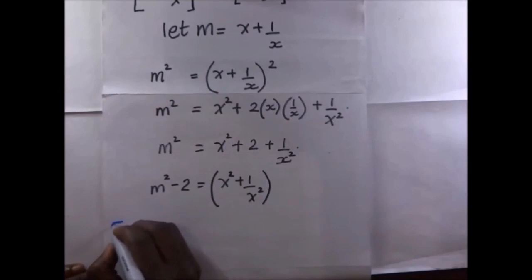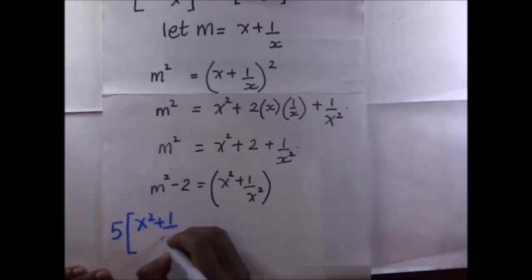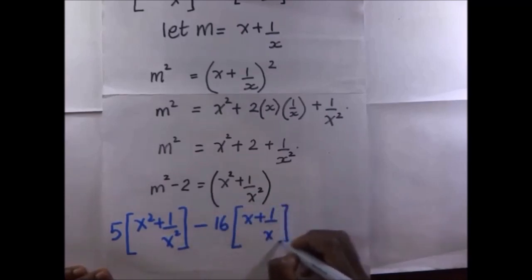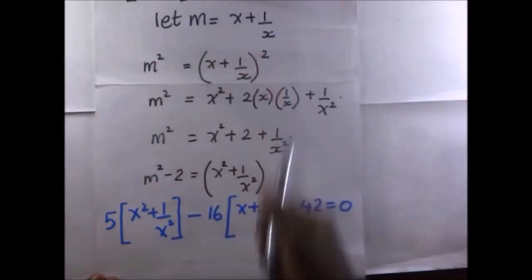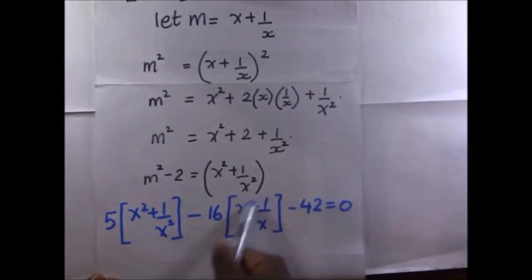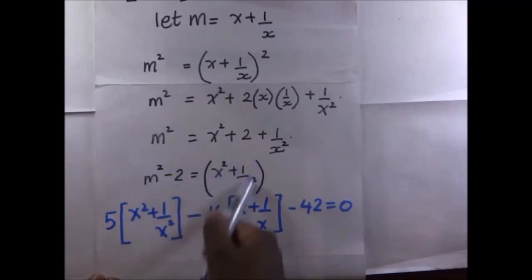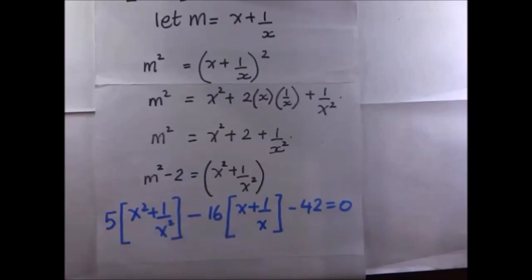Our equation was originally 5 into, and our value of m is x plus 1 over x, so this is going to become m. And m squared minus 2 is equal to x squared plus 1 over x squared. So this term we are going to substitute for, and we simplify the equation.